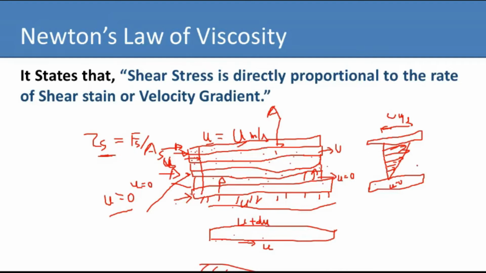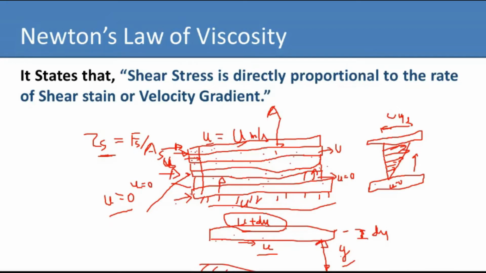Suppose the height of this layer is dy and it is situated at a distance y from the bottom plate. So at distance y the velocity is u, and at distance y plus dy the velocity will be u plus du.